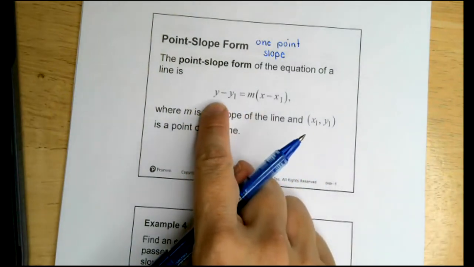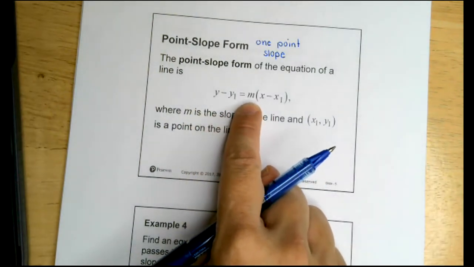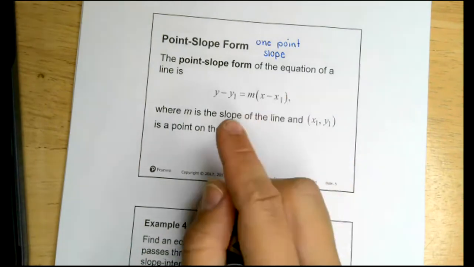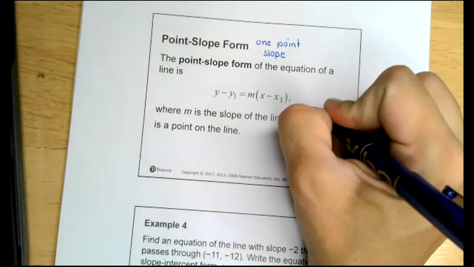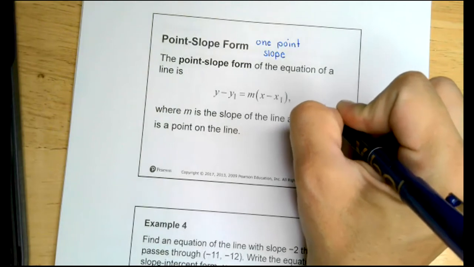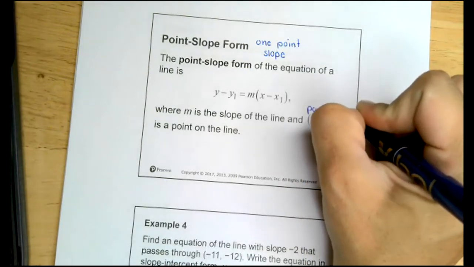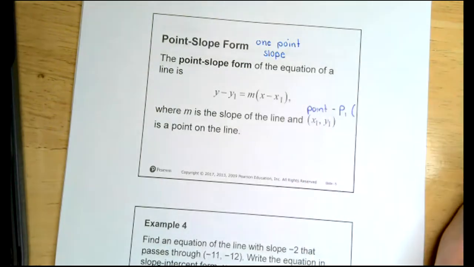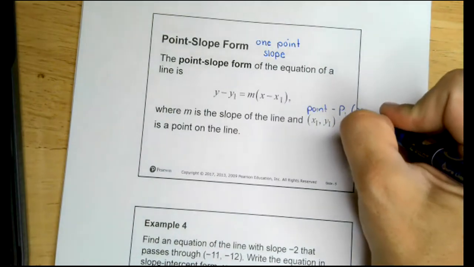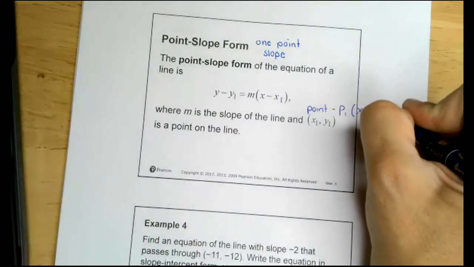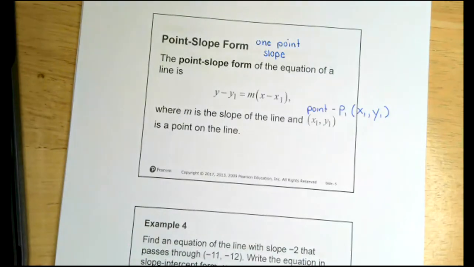So y minus y1 equals the slope times x minus x1. The point is called P1, and then the x and y value of that point are x1 and y1, just because it's the first point, okay?